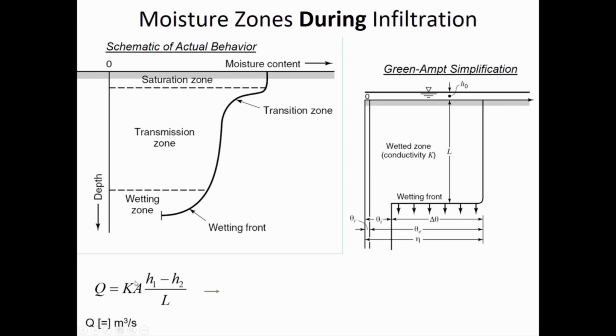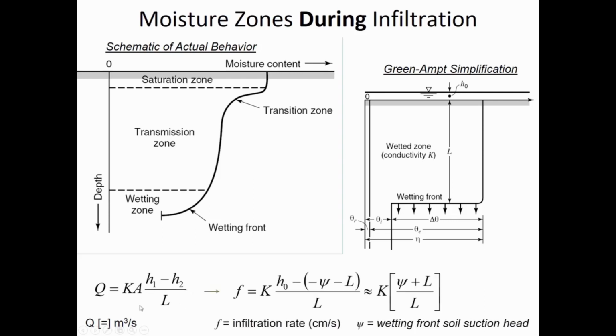Remember, Darcy's law is the hydraulic conductivity, then some cross-sectional area that the water is flowing through, and then the driving force, where H1 and H2 give some elevation gradient between the upstream and downstream location, and L is the length over which the flow occurs. Well, the Green-Ampt simplification says let's use those same ideas. Now, instead of doing it on a volumetric basis, let's just take the area parameter out.